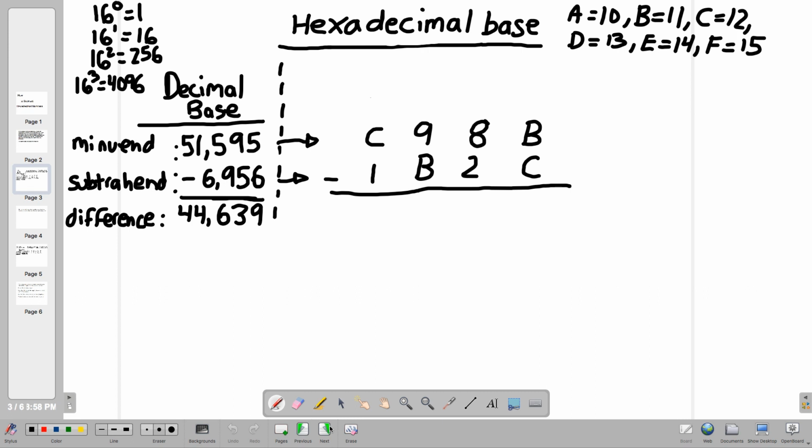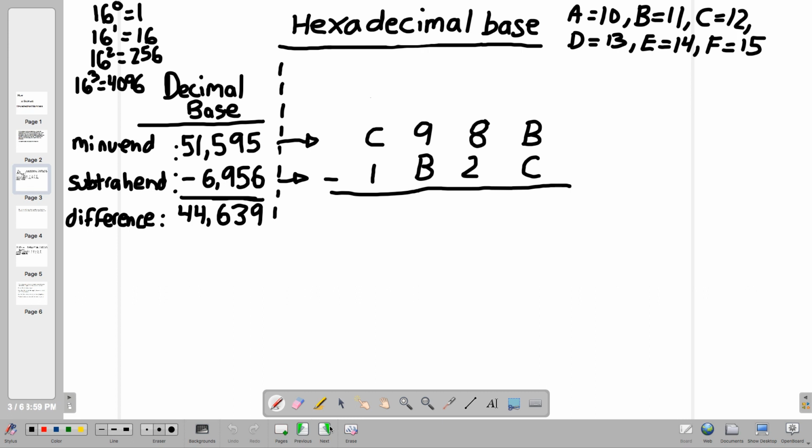Since we're dealing with hexadecimal numbers, remember once we get past digit number 9, we start using letters. So A represents 10, B represents 11, C represents 12, D represents 13, E represents 14, and the letter F represents 15.